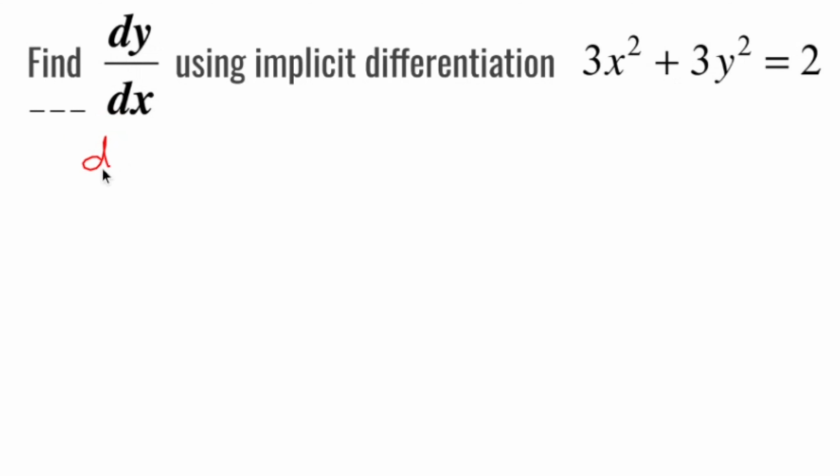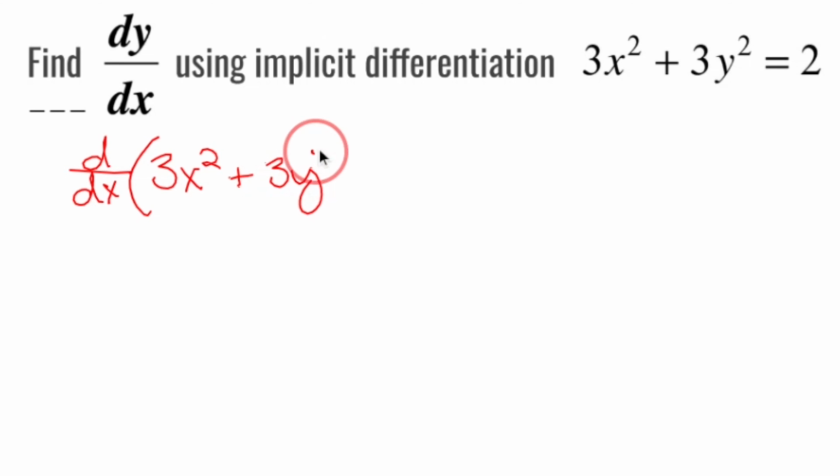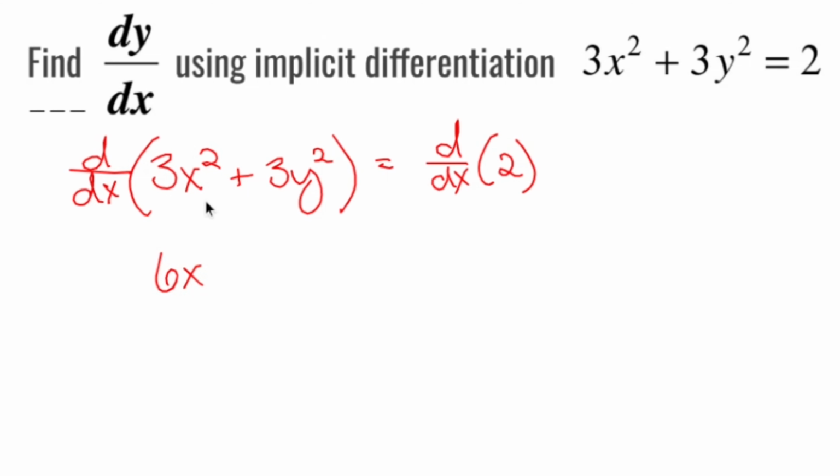I'm going to take d/dx of both sides, so 3x squared plus 3y squared equals the d/dx of 2. The derivative of 3x squared with respect to x is going to be regular 6x, the regular old derivative just like we're used to.